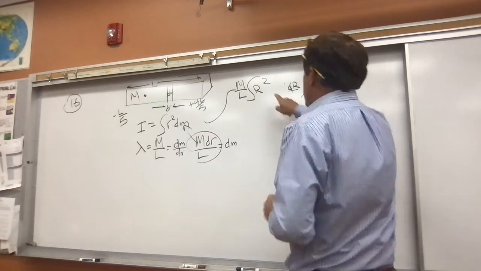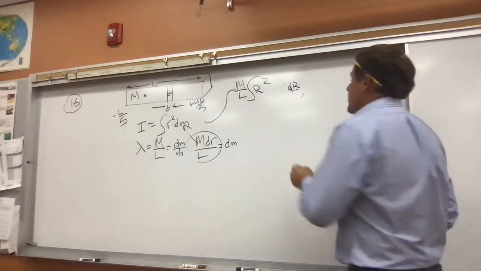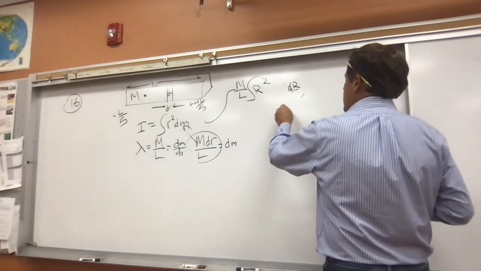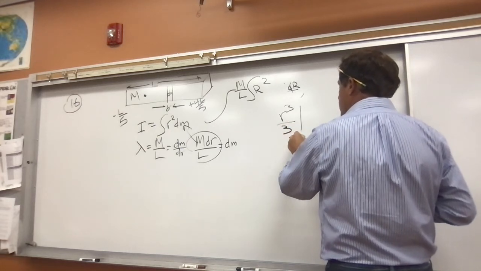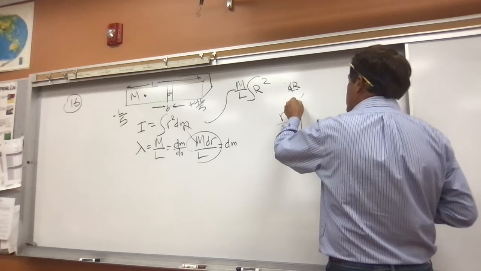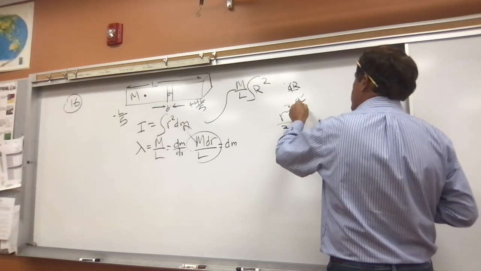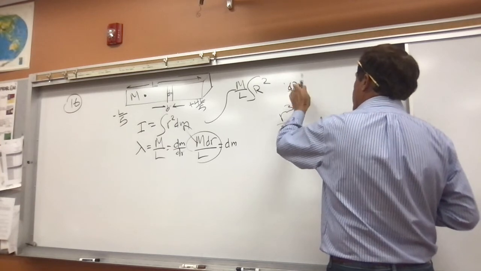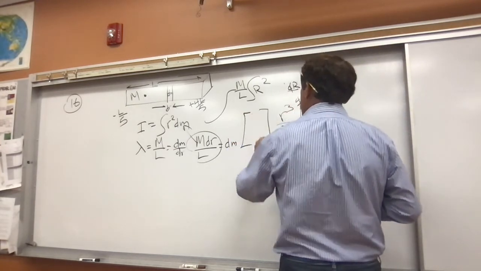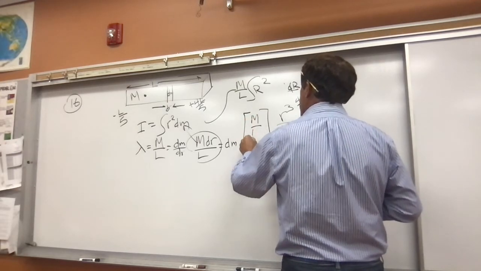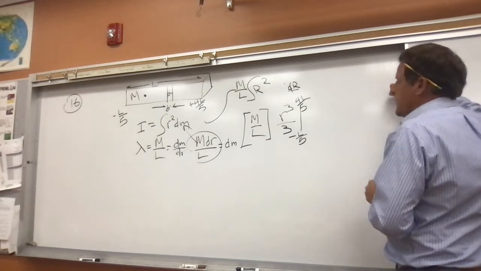And so now we just have the integral of r squared dr, and we know that that is going to be r cubed over 3, evaluated from negative L over 5 to positive 4/5 L. And we're going to end up multiplying that by M over L.